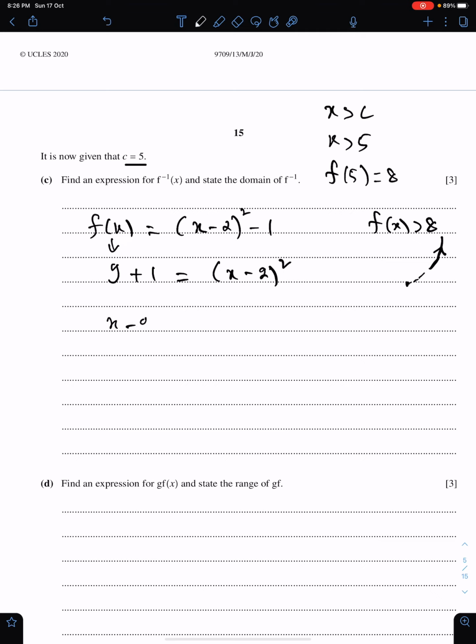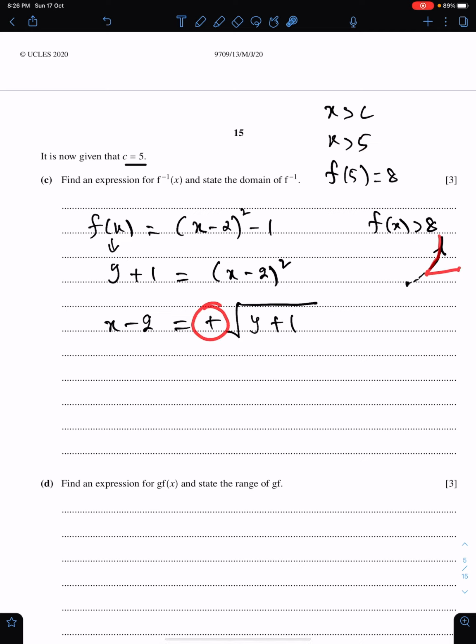When you take the square root, make sure you take the positive sign with the root. Why? Because according to this domain, x is increasing, and we have this curve. So when the domain has a greater sign, we have this type of curve. Right side of the turning point, that means x is increasing, so always write the plus sign here.